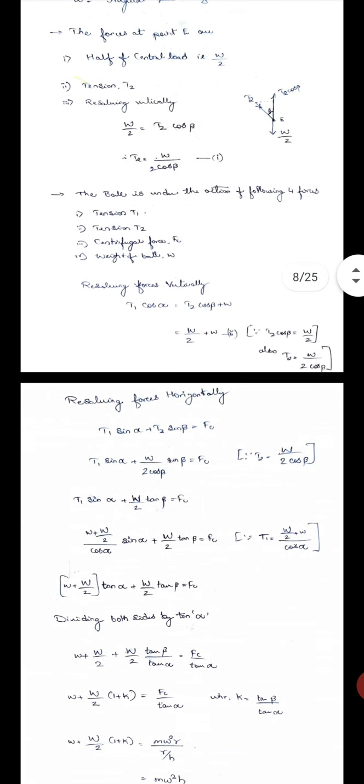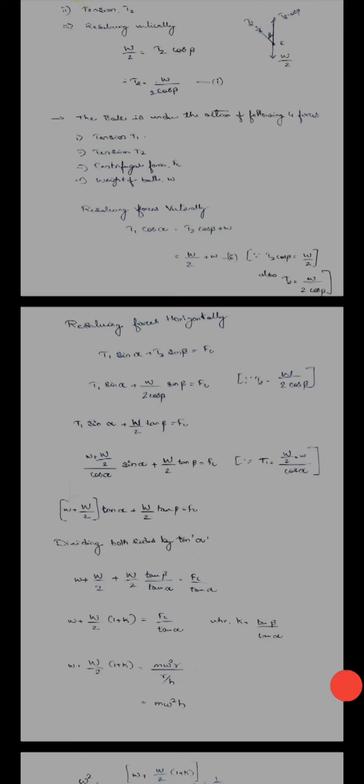Dividing both by tan alpha, we get w plus W by 2 plus W by 2 tan beta by tan alpha equals Fc by tan alpha. So w plus W by 2 (1 plus k) equals Fc by tan alpha, where k is tan beta by tan alpha. Fc is m into omega square r.